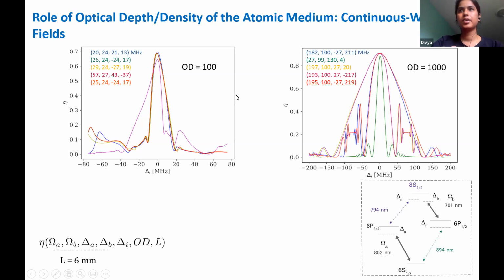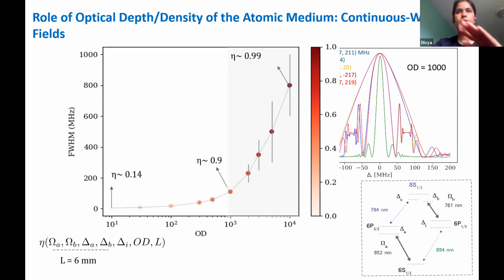Even for thousands, once you increase the optical depth, your bandwidth is going to increase, but with a different set of parameters. So five sets of parameters give you different bandwidths, but with the same efficiency. Collating these results, I'll give some time on this plot.